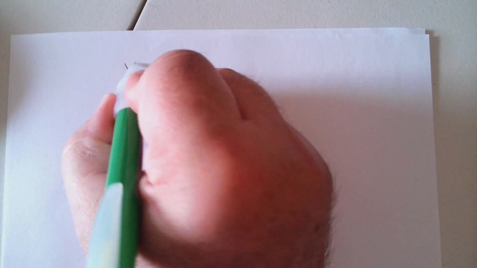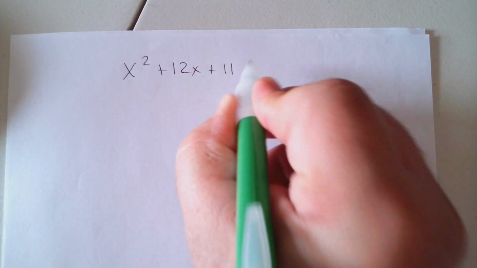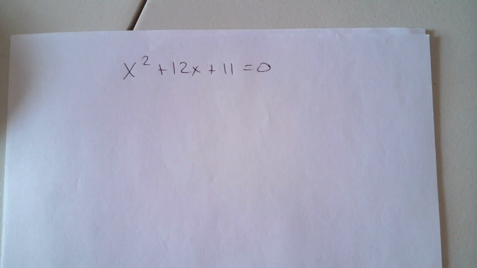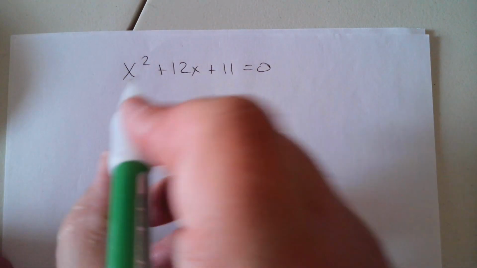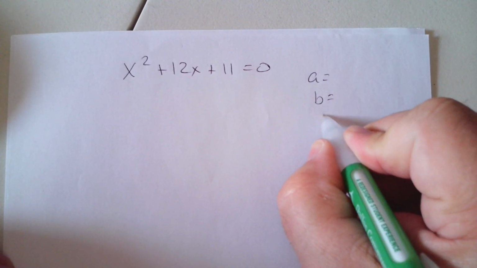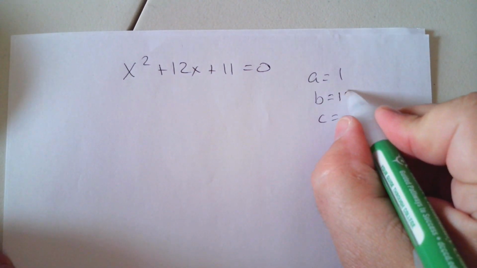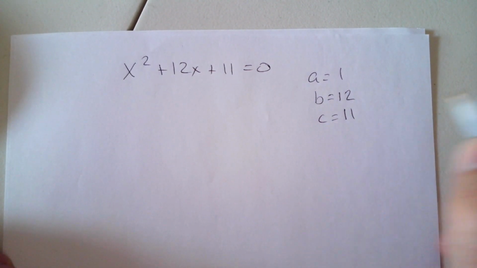Let's look at another example that we did. x squared plus 12x plus 11 equals 0. First step, label A, B, C. A is 1, B is 12, C is 11.